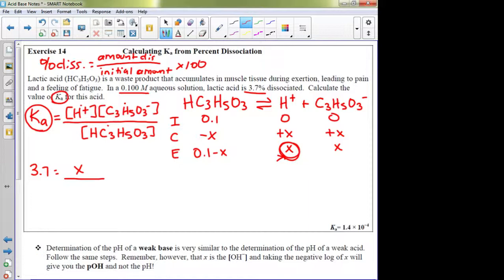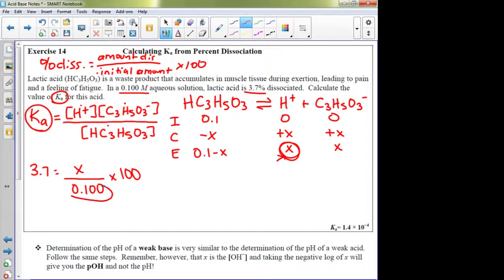X divided by, do I know the initial amount that I started with? Yes, that's what? 0.100, and then I take this whole thing and multiply it by what? 100. Can I solve for X? Yes, you may now. Absolutely. Algebra.